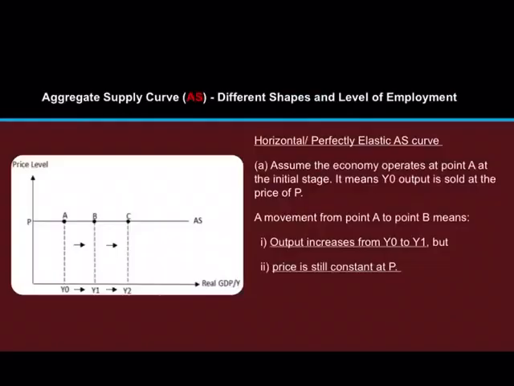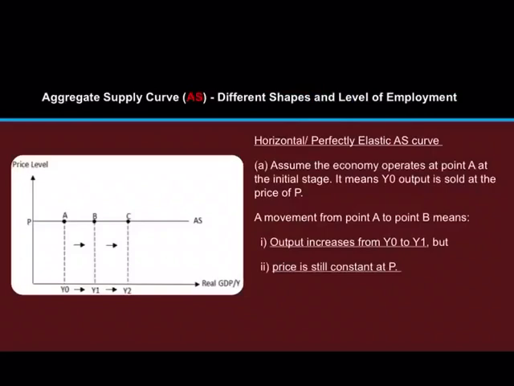Next, in this section I'm going to discuss three different shapes of the aggregate supply. Aggregate supply can be a flat or horizontal curve. Any horizontal line means perfectly elastic. Every time you see a horizontal line, you just conclude it is perfectly elastic.